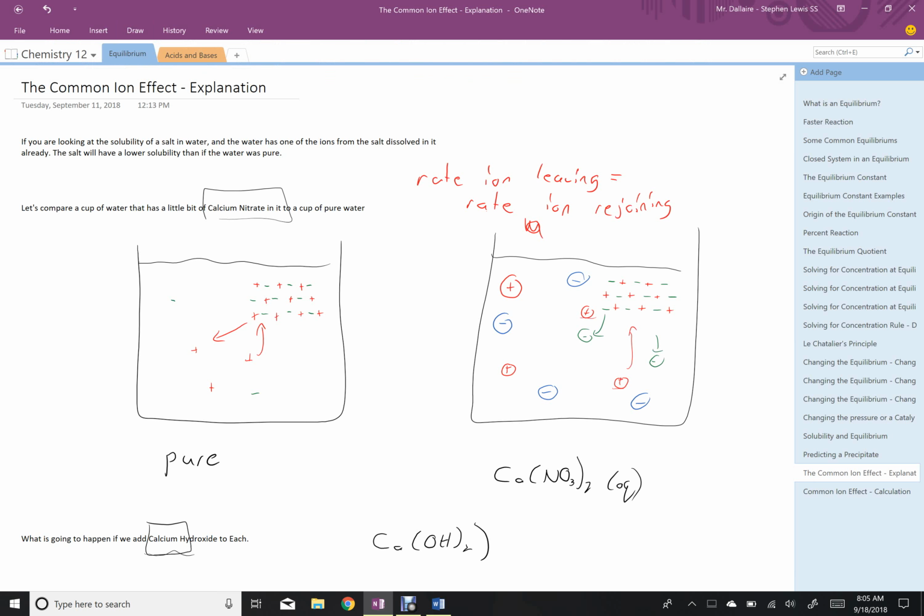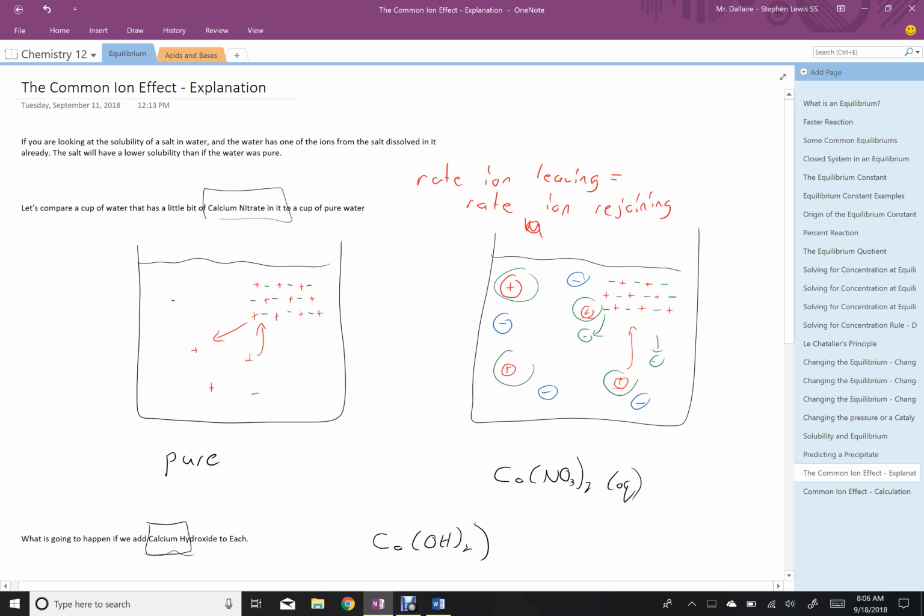So here maybe we need to get, you know, a 100th of a gram or a 10th of a gram into solution before these two rates can become equal. Where here, because we already have lots and lots of pluses to work with, we really only need to get a couple minuses into solution before this comes back.